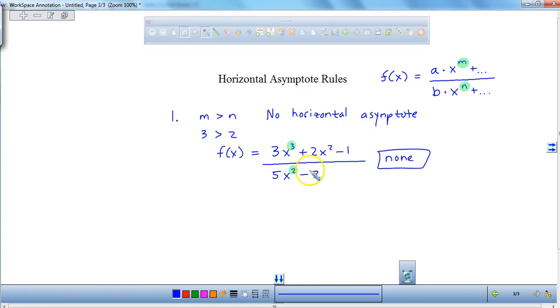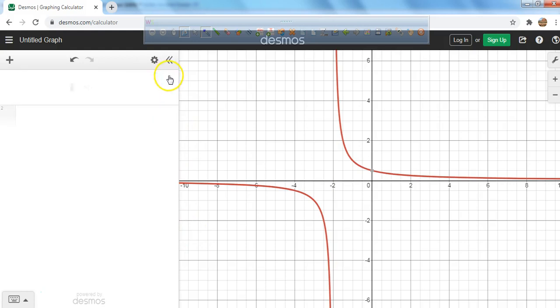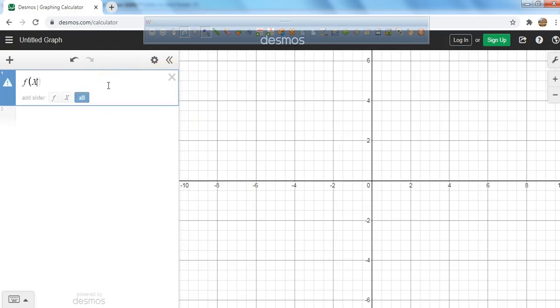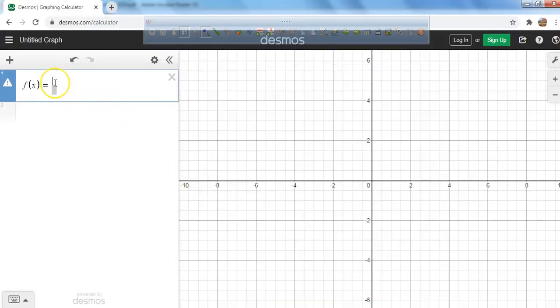Now I'm going to go ahead and graph this so you guys can see that it's not going to have a horizontal asymptote. So I'll go back over here. Let's type in f of x equals. I make a little division bar. I believe I said 3x cubed plus 2x squared minus 1.